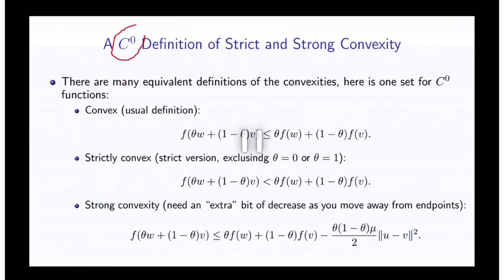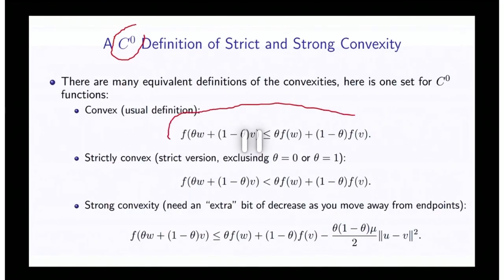Whenever I have this, I've told you from day one that the triangle inequality is saying that when you choose any two points and draw a line between them, the function stays inside. That's what it means for our function to be less than or equal to that.